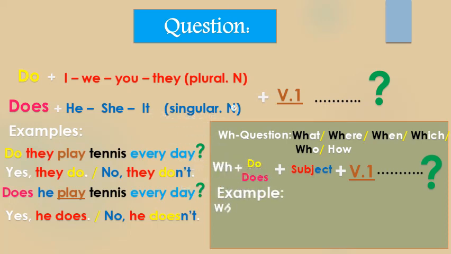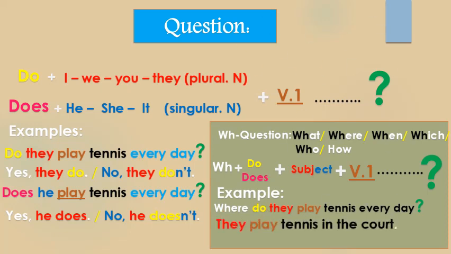So here we have the example. Where do they play tennis every day? Here we only added where at the beginning of the question. So here the answer is a full sentence. So they play tennis in the court.